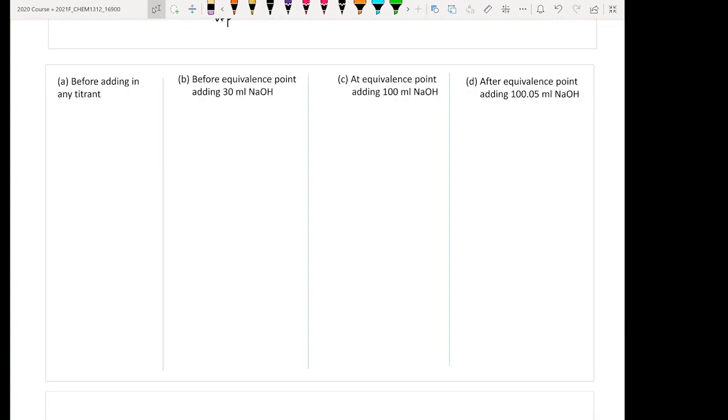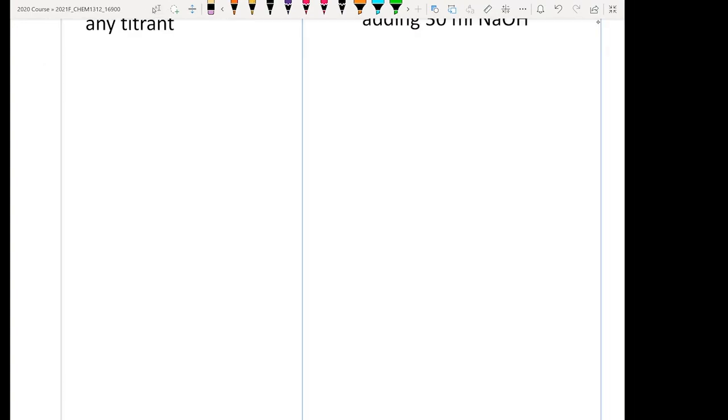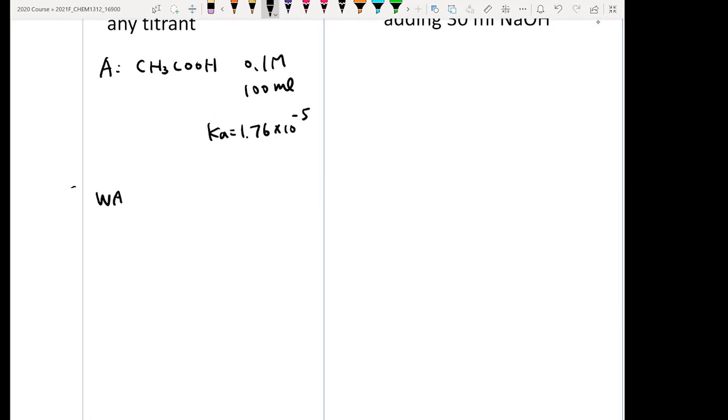Right now we know we have 0.1 M, 100 mL acetic acid, which is a weak acid solution. The analyte we have is CH3COOH. Concentration is 0.1 M. We have 100 mL. Ka is 1.76 times 10 to the negative 5. So we know it is a weak acid. Therefore, the proton concentration can be calculated from the square root of the acid concentration times your Ka.